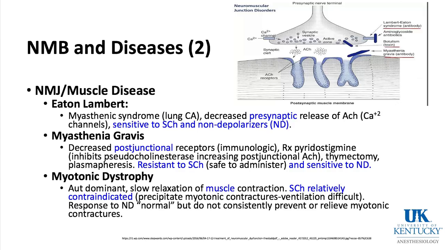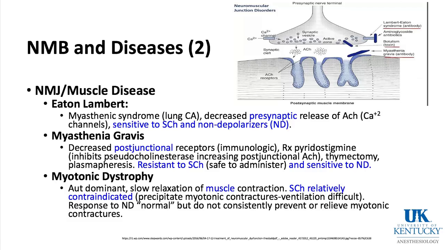These patients, who don't have many post-junctional receptors, are resistant to succinylcholine, although it's safe to give them succinylcholine. The way I like to think of this is, if you don't have many post-junctional receptors, remember that succinylcholine needs to bind to enough of them, open them up, keep them open, cause the fasciculation and an open channel blockade.